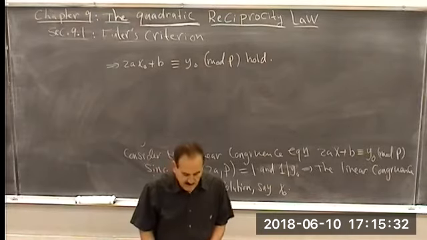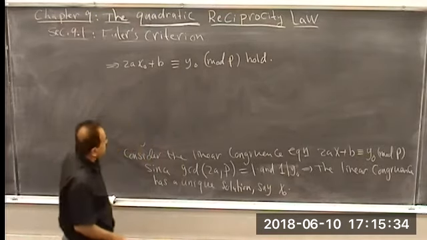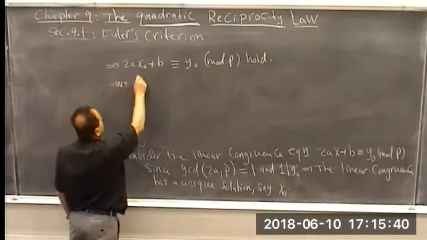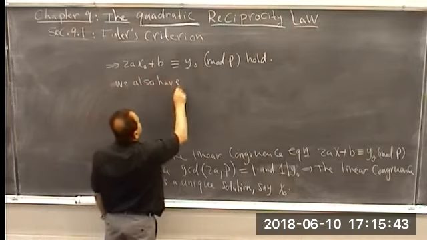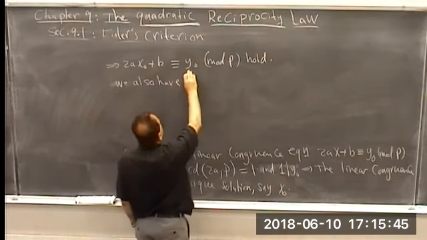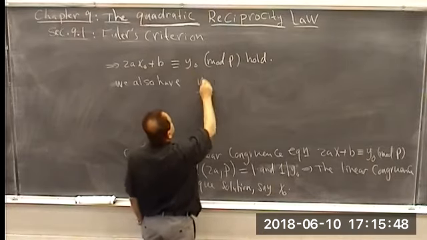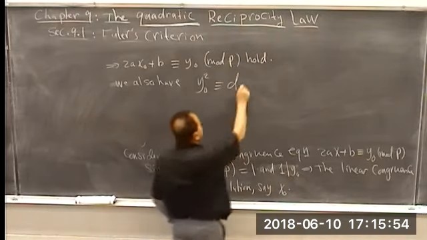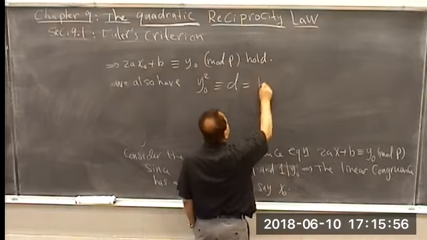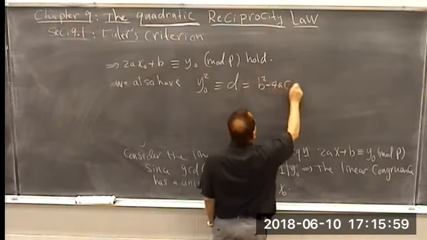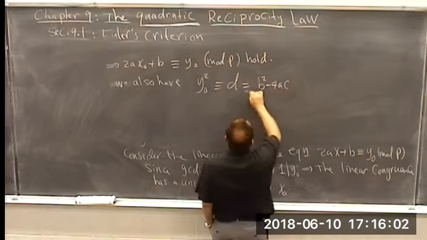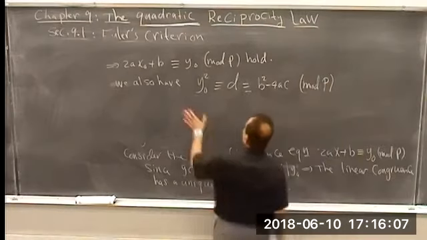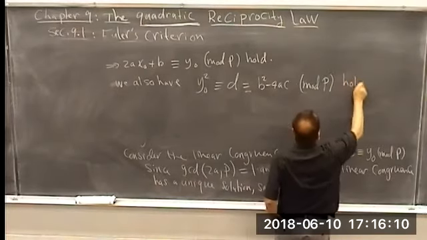And remember that d is equal to b squared minus 4ac, mod b. We also know this one does hold.